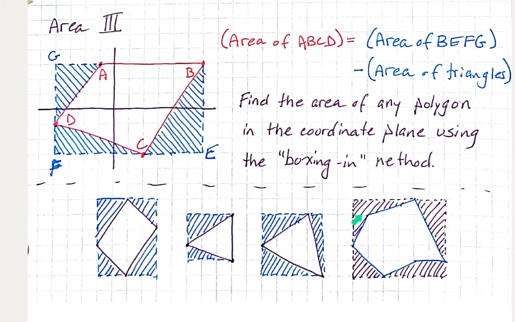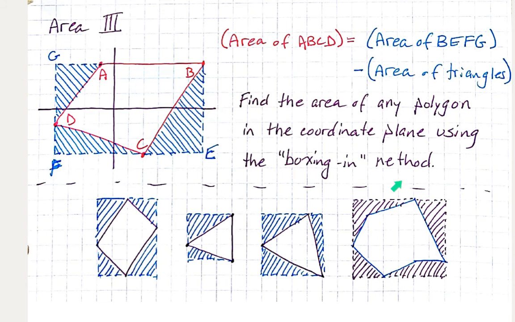You can even do it with all sorts of extra oddball weird shapes like this one here. Notice when I box it in, not all the surrounding areas are triangles, but there's a triangle here, there's a small triangle here, there's a square there, there's a triangle down here, and then I've got this 2x1 rectangle.